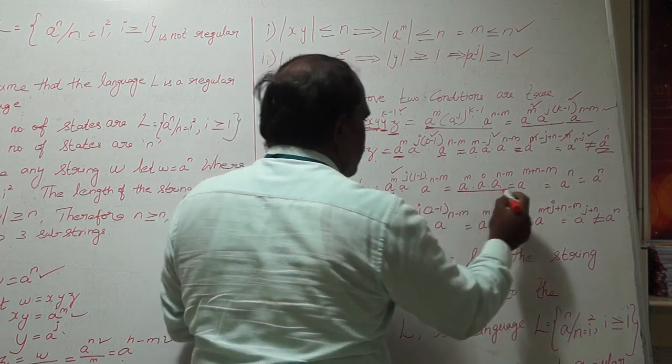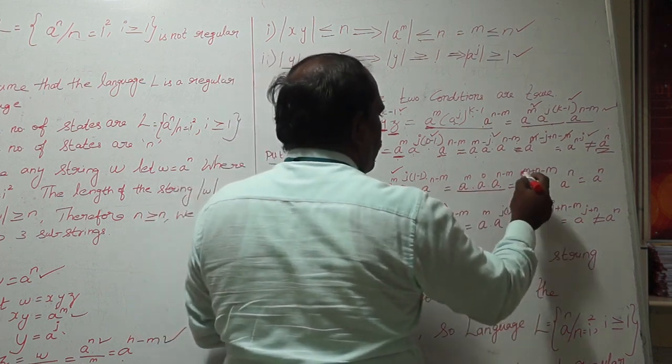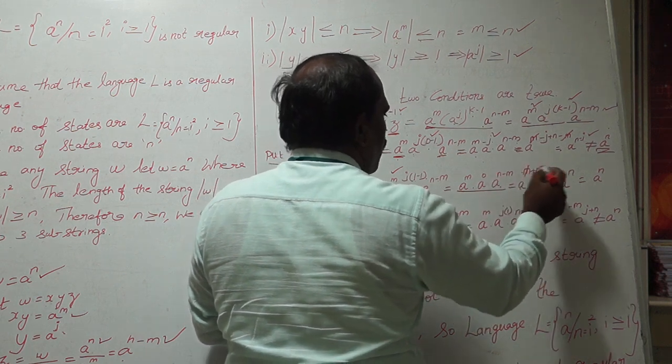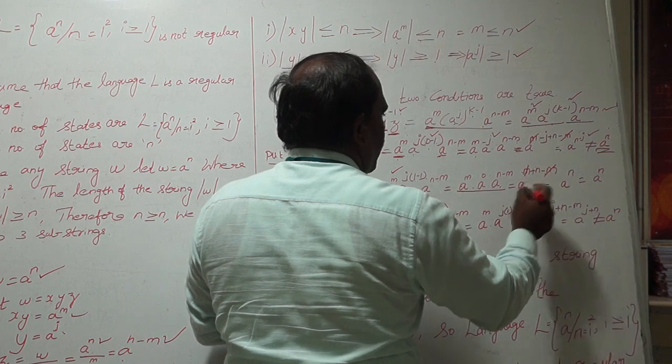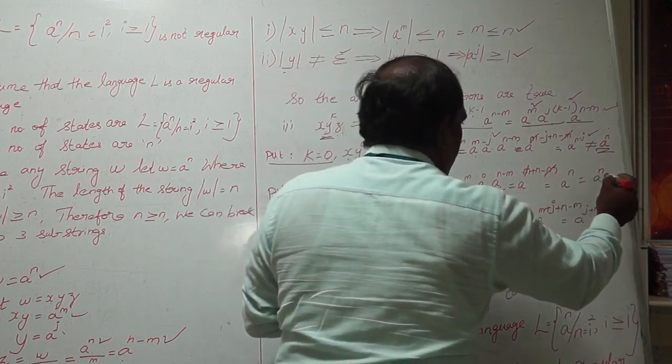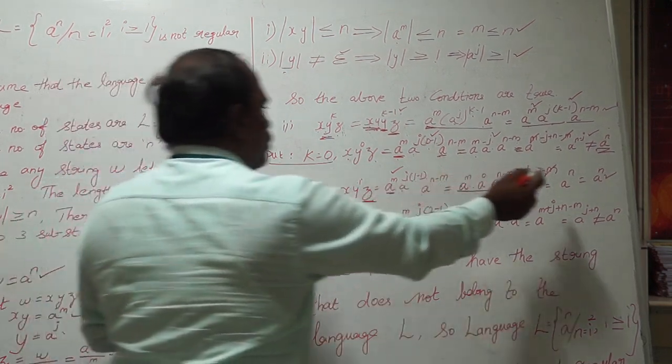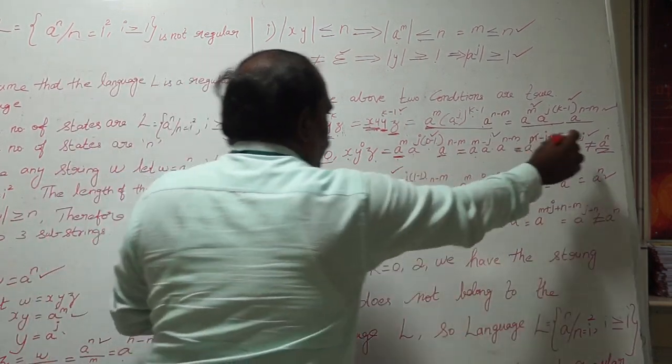So this equals our original result. When k equals 1 we get the original result, but k equal to 0 does not.